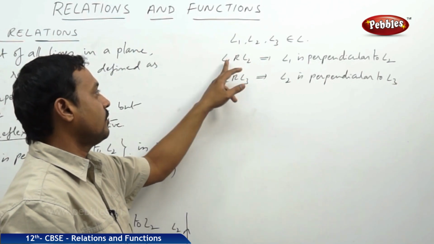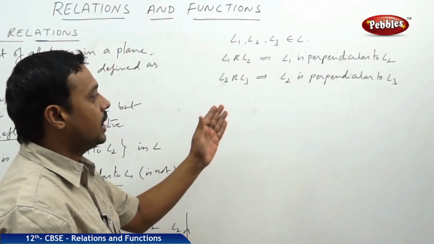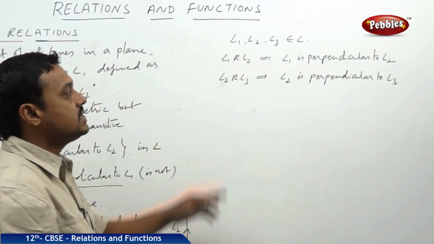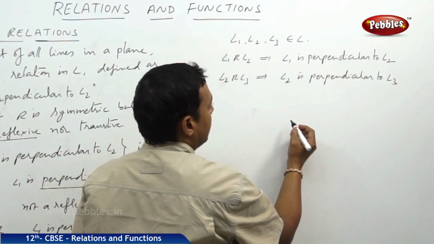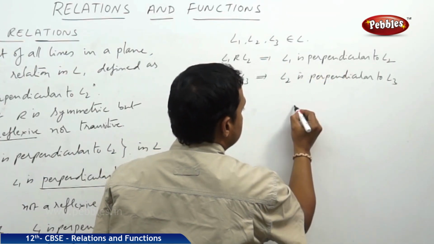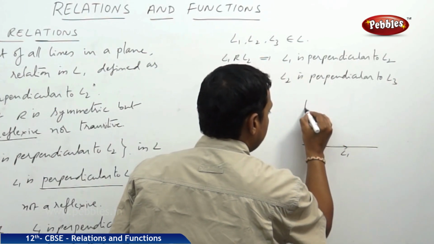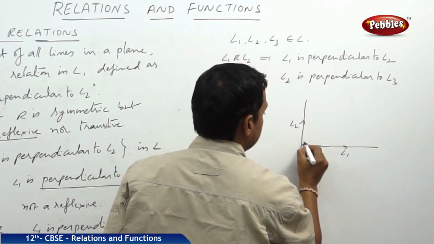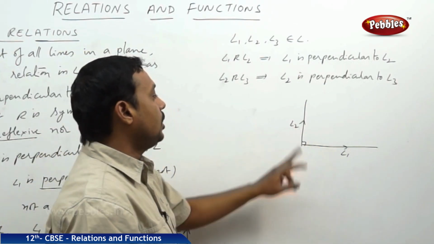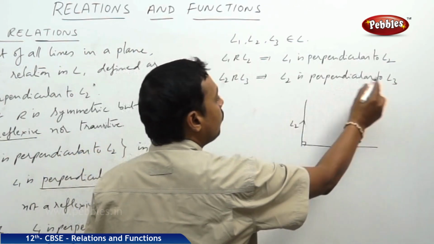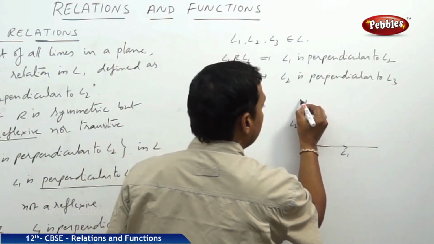Now we have to check whether L1 is related to L3 or not. Is L1 perpendicular to L3? Let us draw a geometrical approach. L1 is one line. L2 is the second line perpendicular to it. Now L2 is perpendicular to L3, so draw one more line L3 perpendicular to L2. How can you draw? Definitely like this.